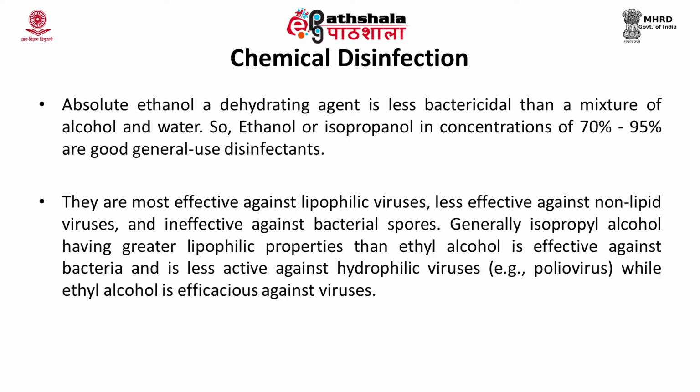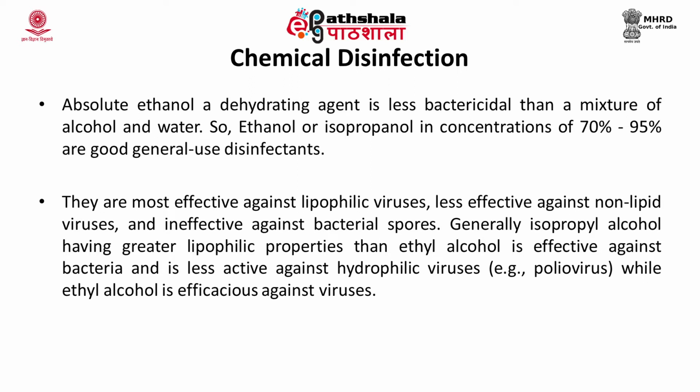They are most effective against lipophilic viruses, less effective against non-lipid viruses and ineffective against bacterial spores. Because of the quick evaporation rate of alcohol, it may be difficult to achieve sufficient contact time between the disinfectant and the water or surface to be treated.